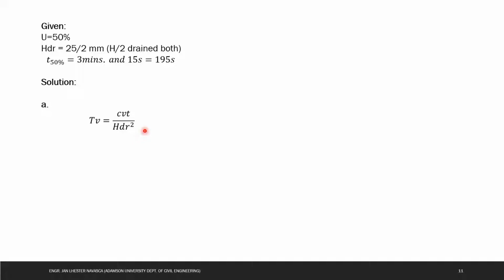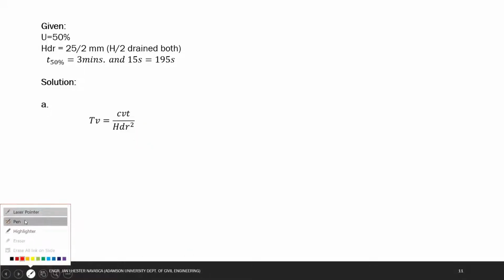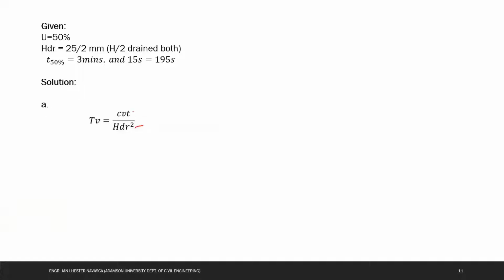So that is your formula. If you study the given data, we have H_DR, that is check. We have the time it takes for a specific degree of consolidation, t, that is check. And what we have left is T_v and C_v.